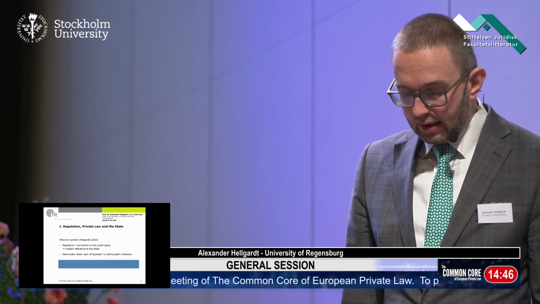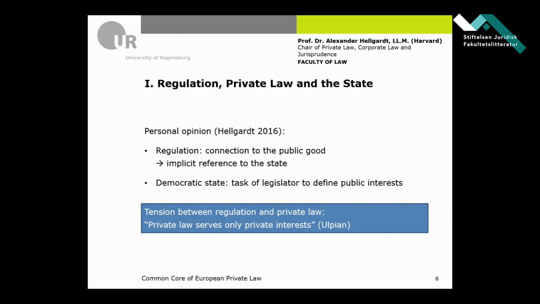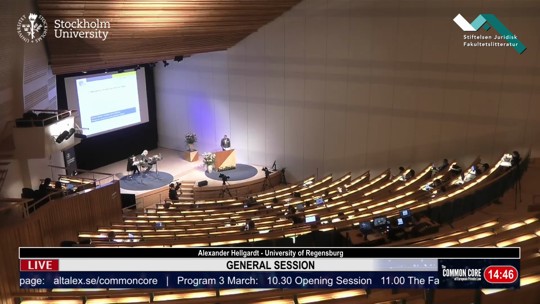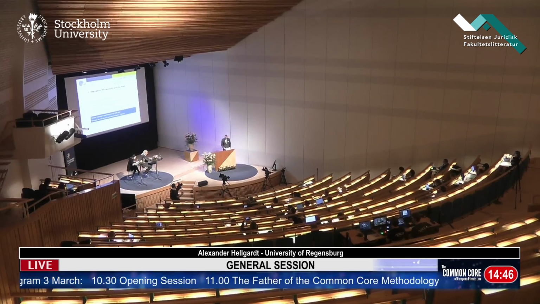At the same time, the tension between regulation and private law can be defined more precisely. According to the traditional understanding, private law serves solely to balance conflicting interests between different private parties. According to Opium's famous delineation theory, private law serves private interests, whereas public law serves public interests.